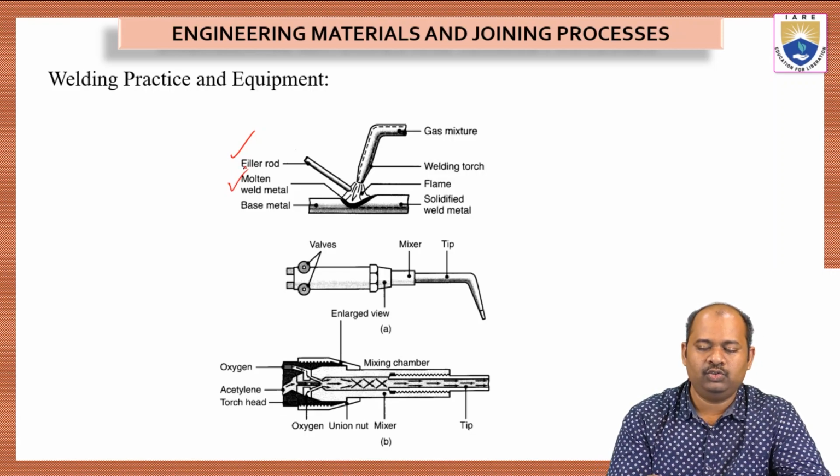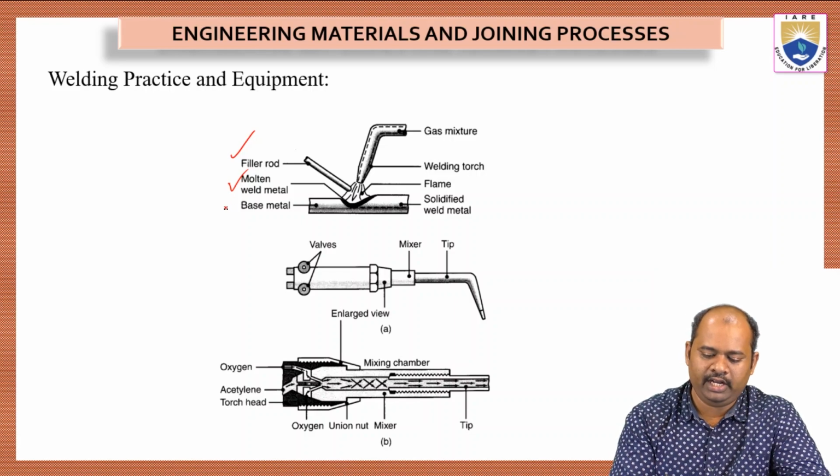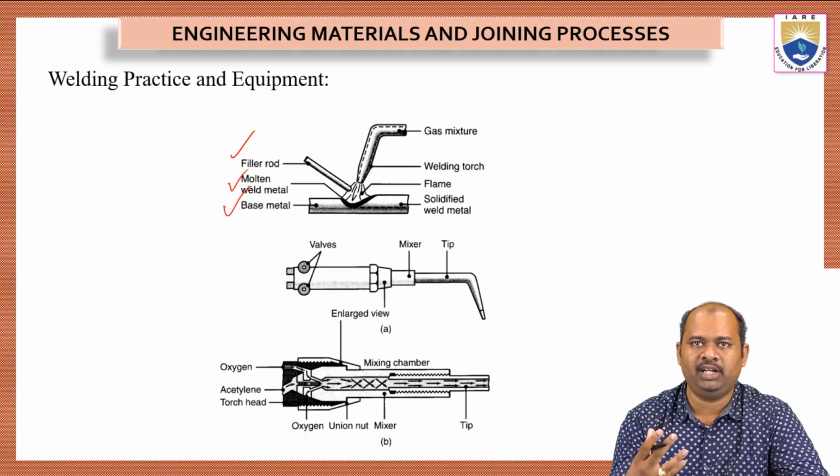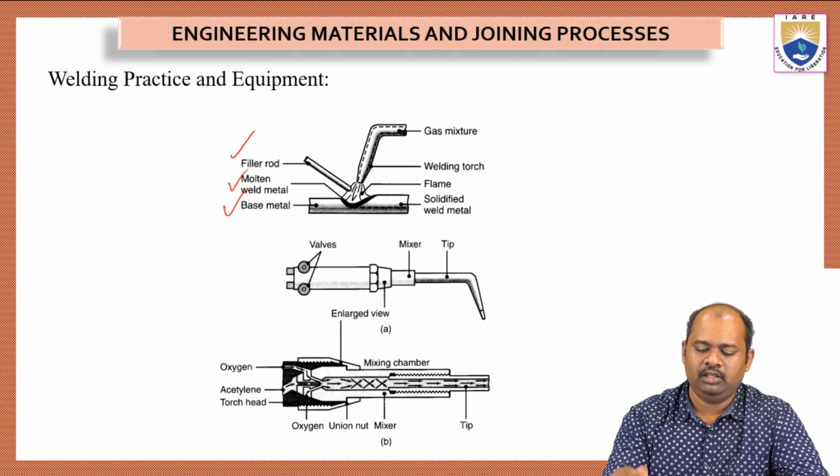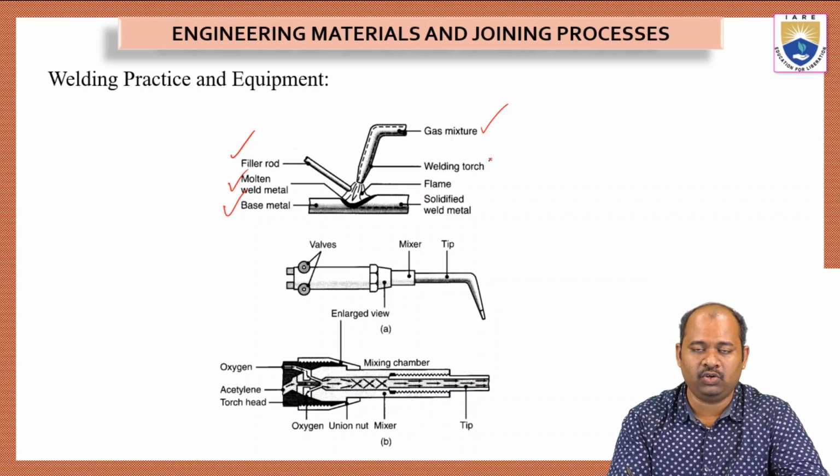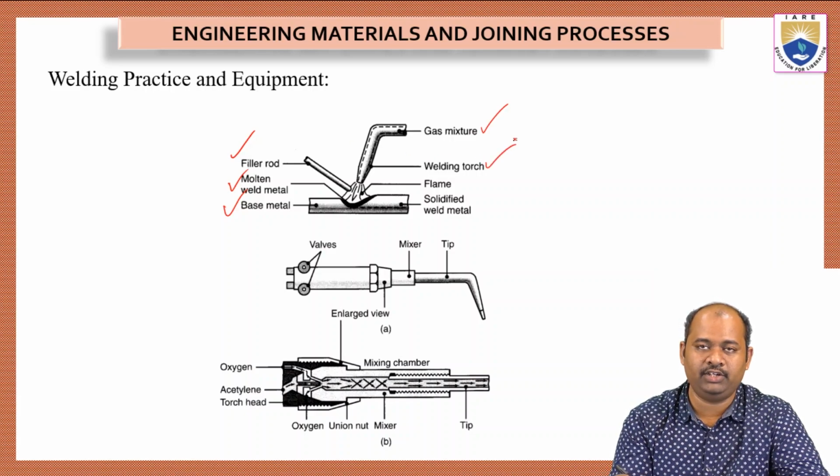Molten metal is the metal that is melted from the filler rod as well as the base plate. The base metal is the metal which we have to weld. Then we have the gas mixture coming out of the nozzle of the welding torch, then the welding torch itself, then the flame, and then the solidified weld metal.